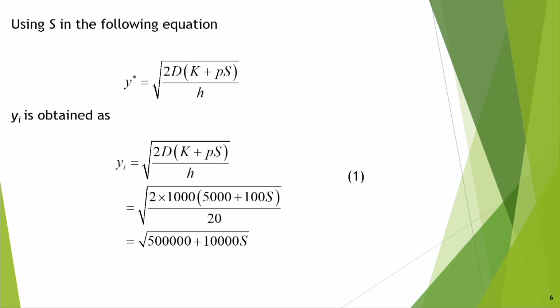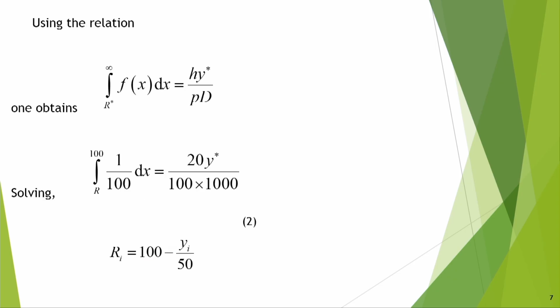So, if you calculate using S in the following equation, if shortage is also included, then y star becomes this, and if you want to do it iteratively, then at any iteration y_i is square root of 2D(K plus pS) by h. If you put the value, then at any iteration you get y_i squared is equal to 500,000 plus 10,000 S, like that.